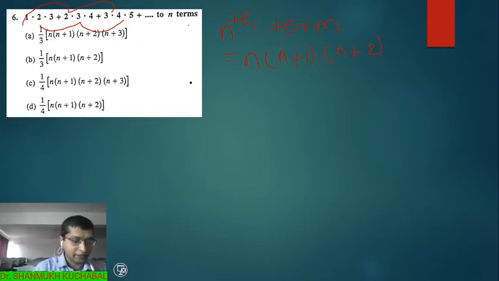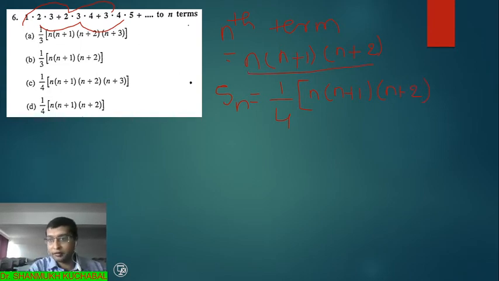Then using Sn equal to 1 by 4. 1 2 3, next it will be 4 like that. So n into n plus 1, n plus 2. I told you there are 3 factors, one more extra we have to take, so without loss of generality n plus 3.